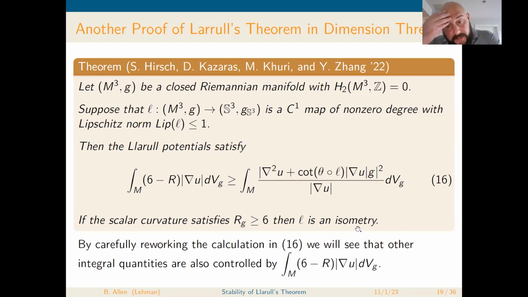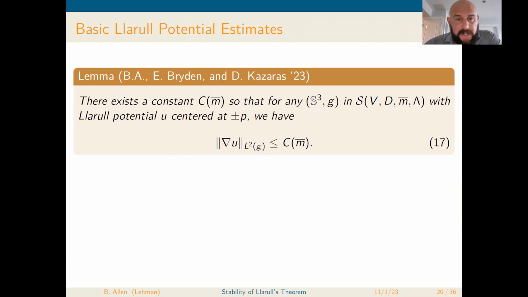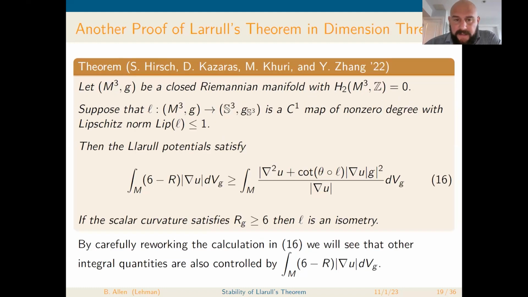Okay, so again, the two tools, or the three tools, if I want to break it up into three, is going to be the VADV theorem, the Llarull potentials, and this inequality that relates the scalar curvature and a type of Hessian term of the Llarull potential. Okay, but remember again, our goal is to find convergence of volume. If we can find convergence of volume of a sequence, then that's enough to apply the VADV theorem.